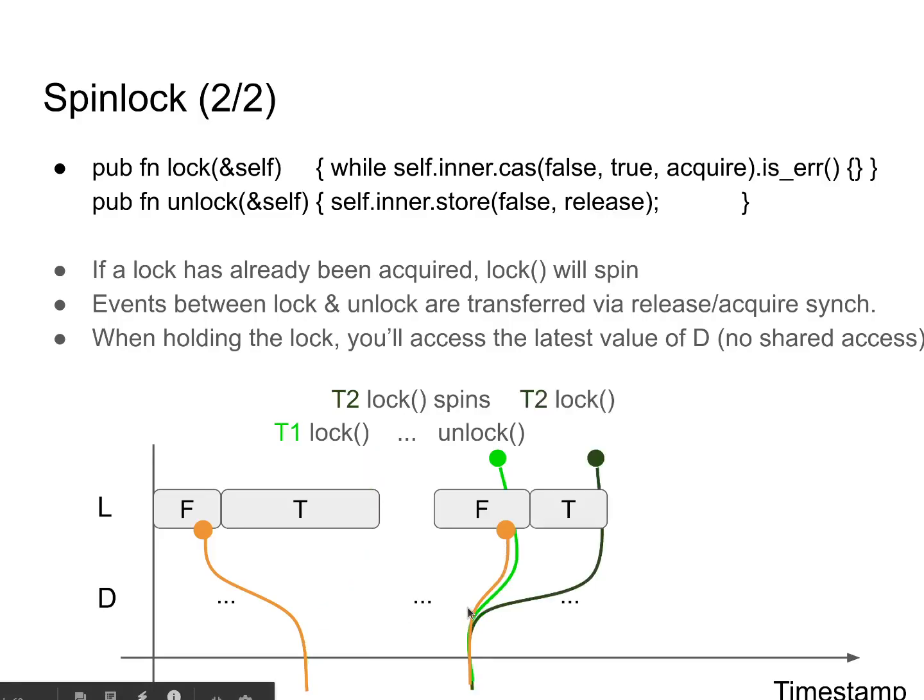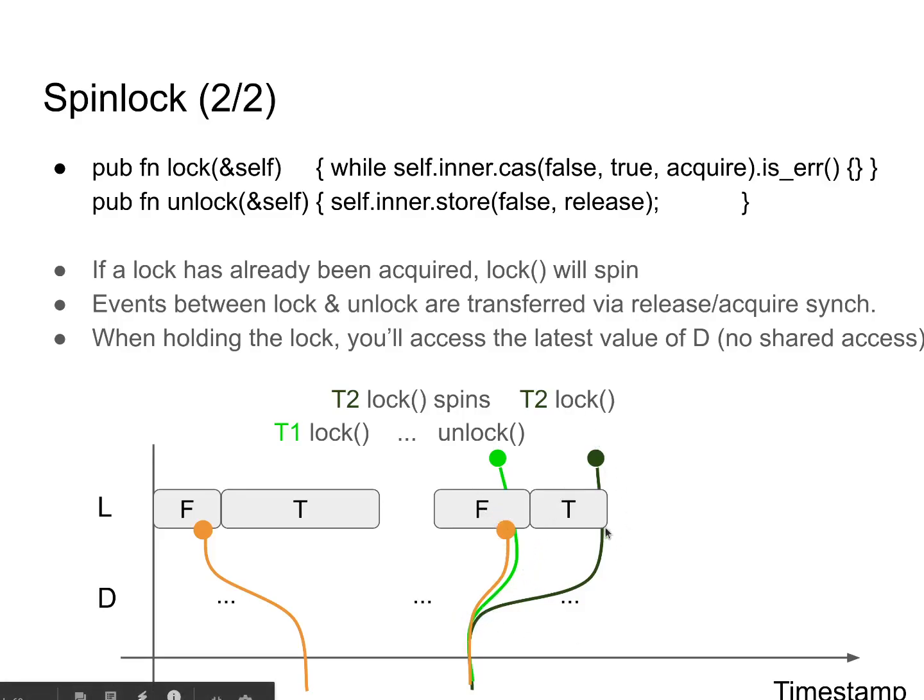And after that, in the same way, T2 can acquire the lock, in this case by appending to the false message, and also this view is acquired. And as a result, T2 also can see the latest value, because the latest value is here, and it is released by T1 to this message, and this message's view is also acquired by T2.